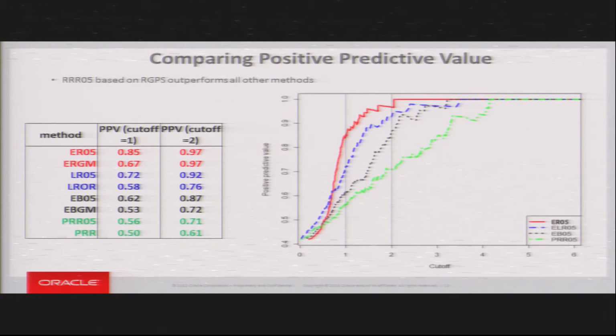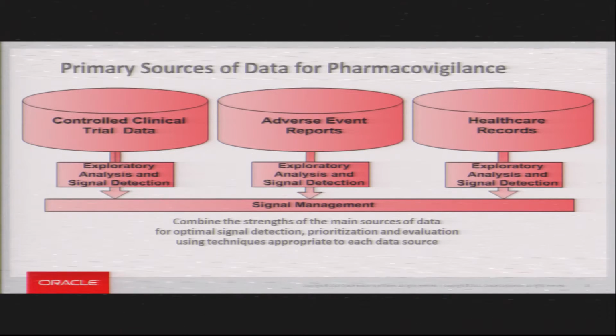This is a graph of the predictive power, the positive predictive value, for methods that do or just use the 2x2 table. The simplest method, using the 2x2 table, is the green line, which has much lower predictive power than the red line, which is the method using the regression-styled methodology with the Bayesian shrinkage.